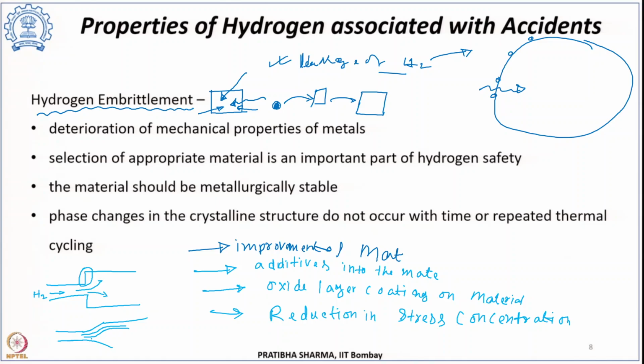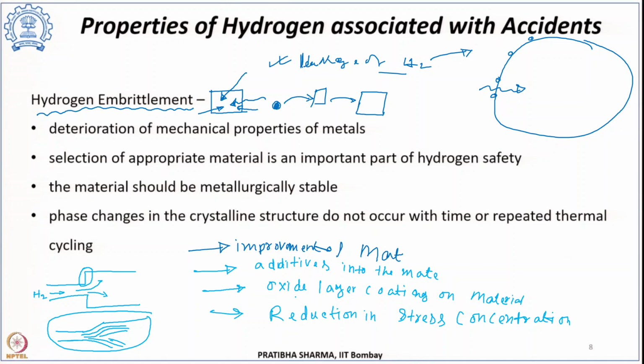The stress concentration line will follow like this. So by changing the design of the pipe or the material, the failure can be avoided. That's why I have written here that reductions in the stress concentrations in the material can resist failure due to hydrogen embrittlement.